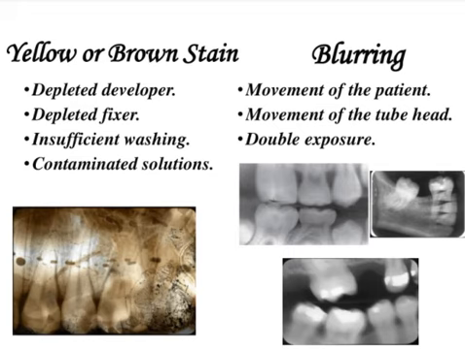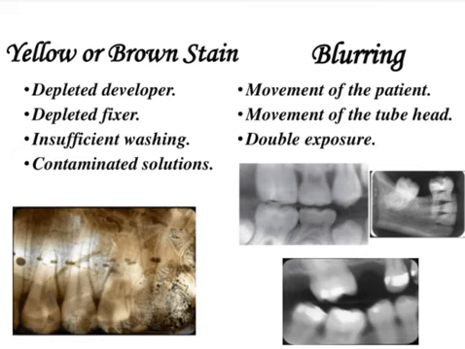Yellow or brown stains. So, yellow or brown stains on the film can be because of a depleted developer, that means overused developer, which does not have strength, a depleted fixer, again, which does not have a proper strength or concentration, or insufficient washing. If you do not wash the X-ray film for more time in the washing after the fixing step, or contaminated solution.